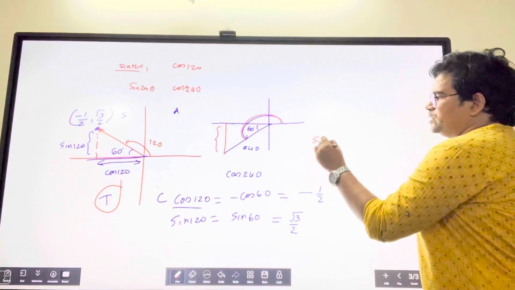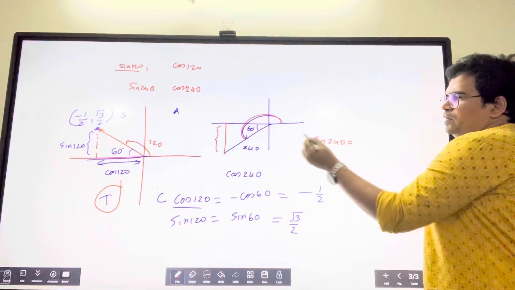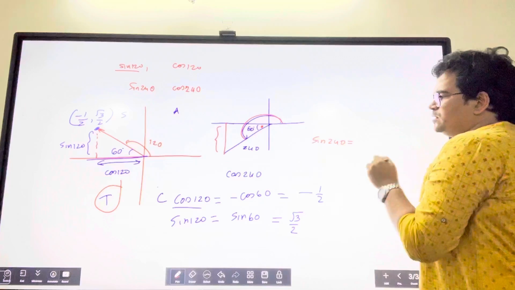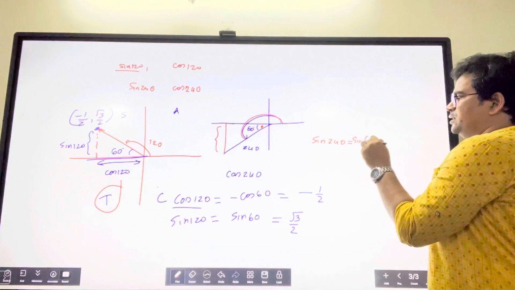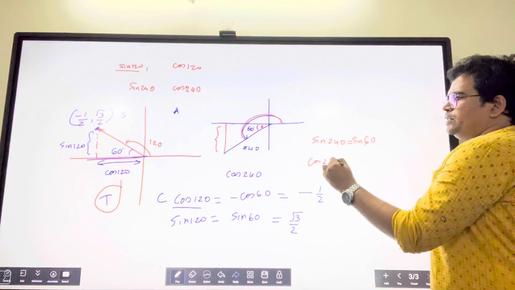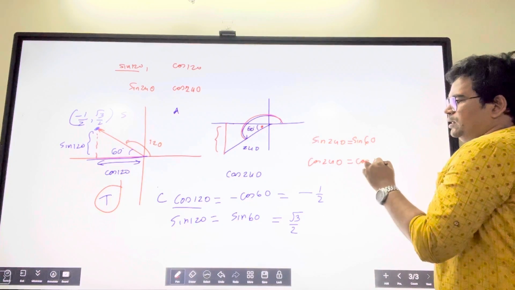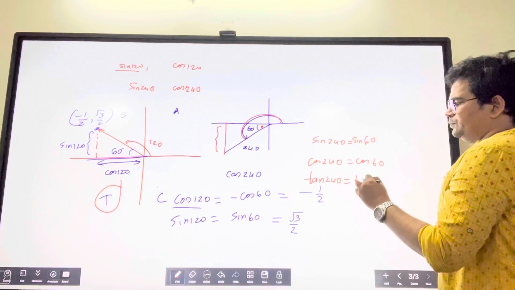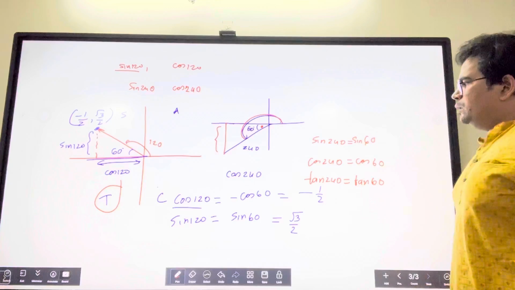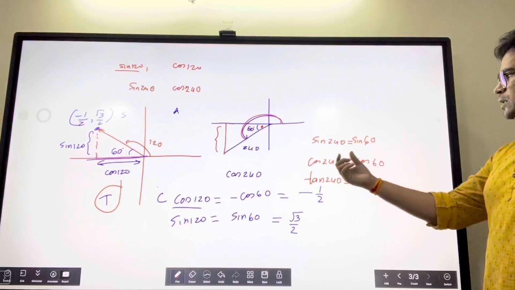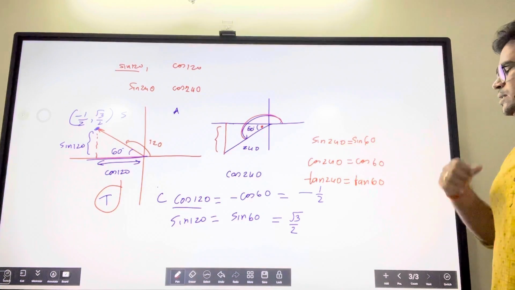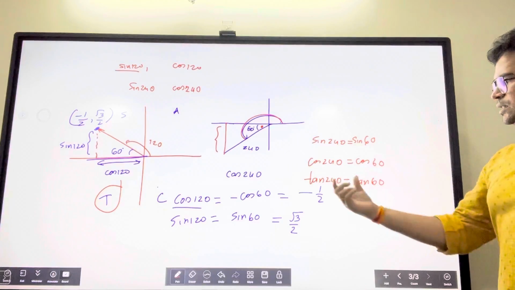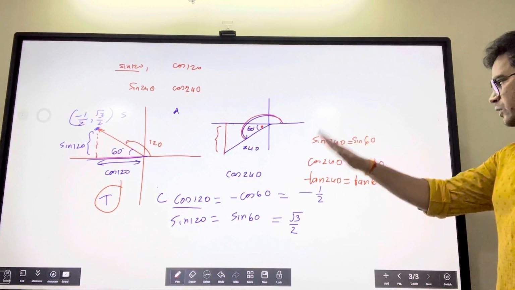If I'm measuring an angle in the third quadrant, according to this only tan is positive. If I'm finding sine 240, blindly you can say, because the base angle here is 60 degrees, sine 240 is the same as sine 60, cos 240 is the same as cos 60, and tan 240 is the same as tan 60. But we are not done yet.